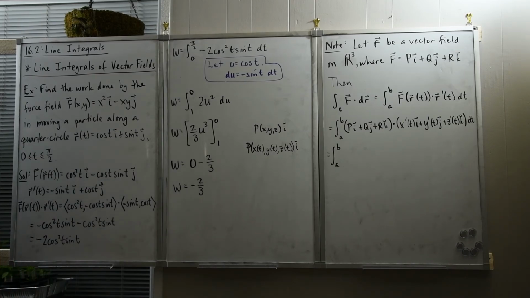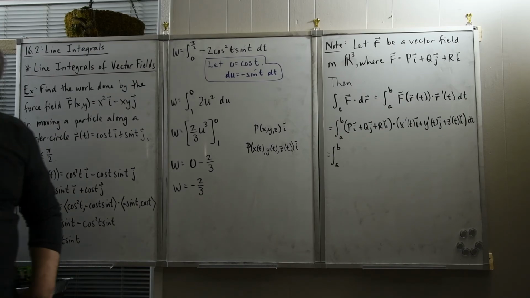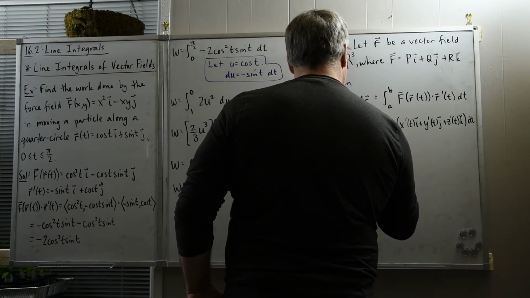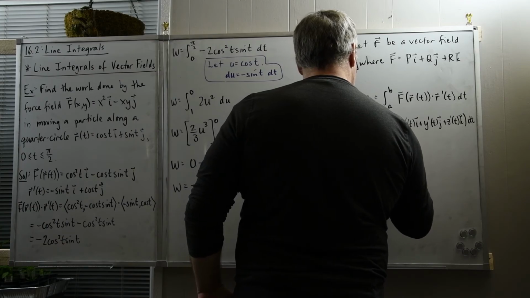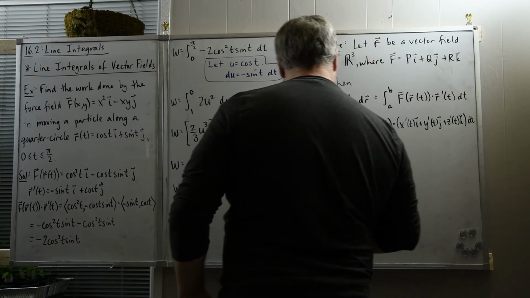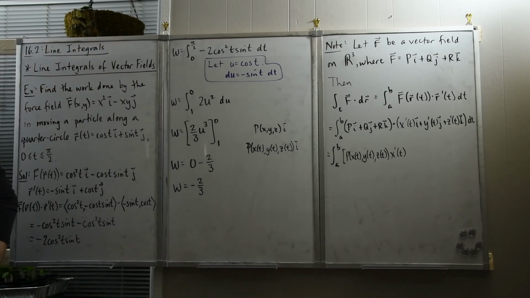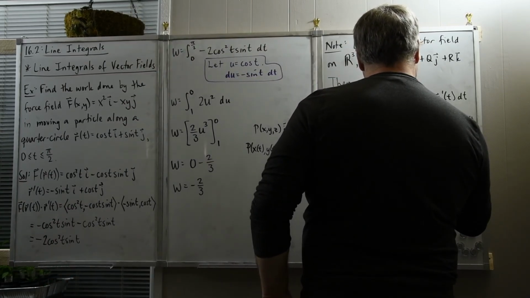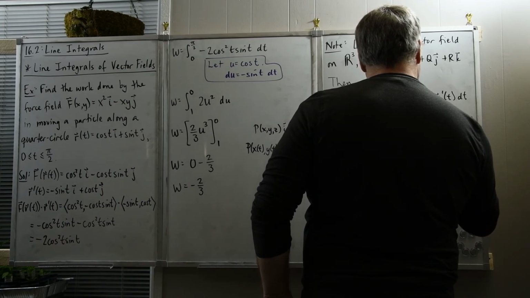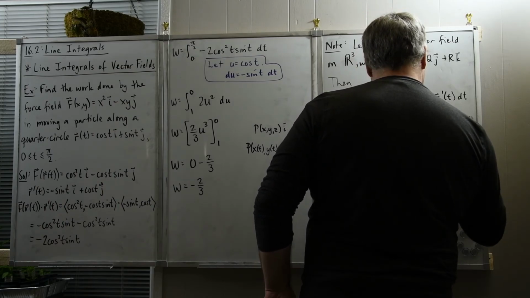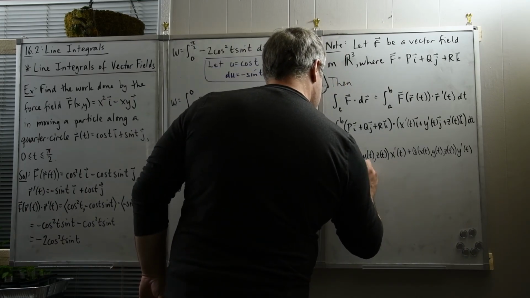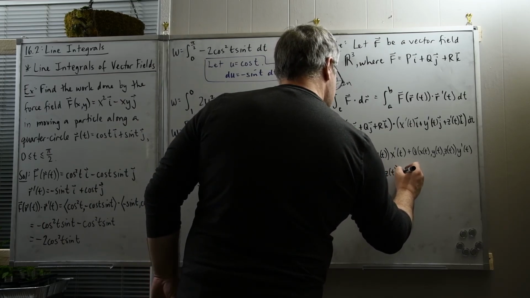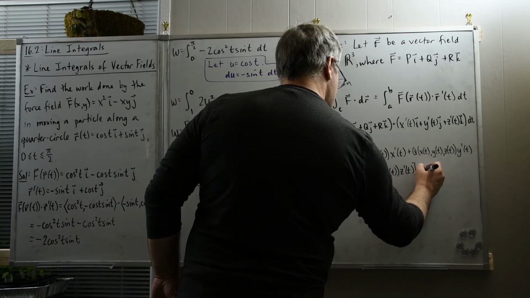But what we're actually going to get here is the integral from a to b of P of x of t, y of t, z of t times x prime of t, plus Q of x of t, y of t, z of t times y prime of t, plus R of x of t, y of t, z of t times z prime of t dt.